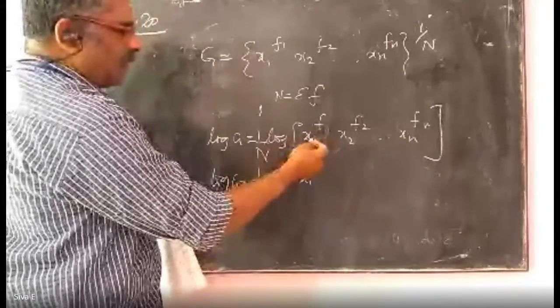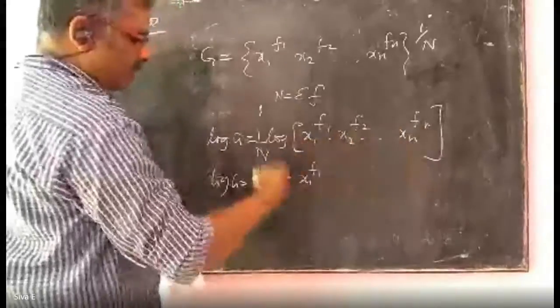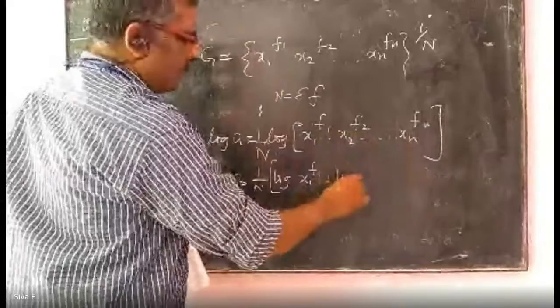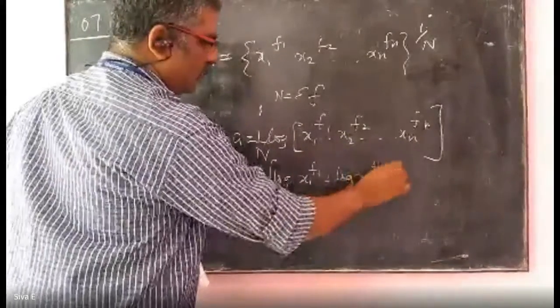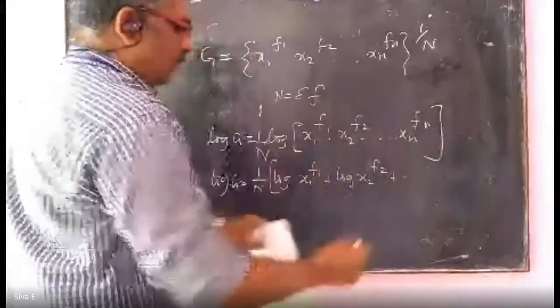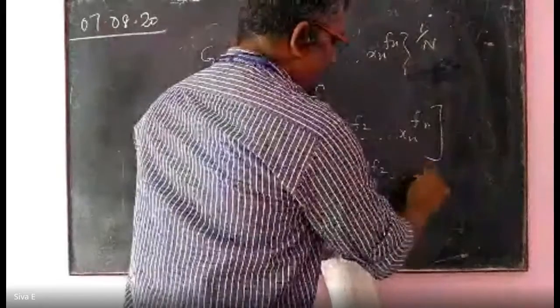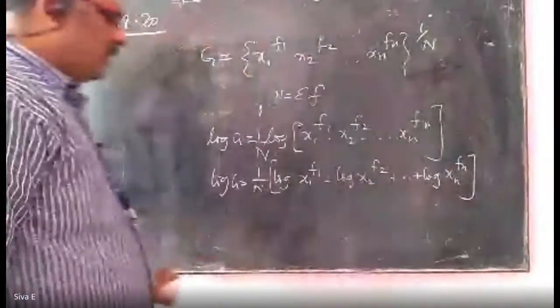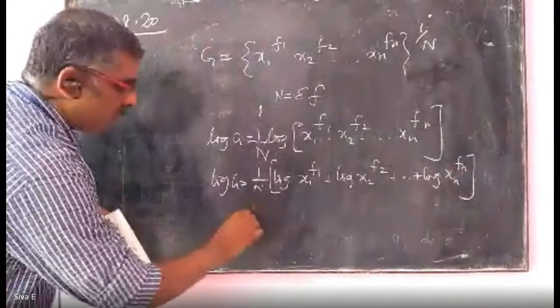Once again, it is a multiplication, so we can expand that: log x1 f1 plus log x2 f2 plus log xn fn. So that is equal to 1 by N.